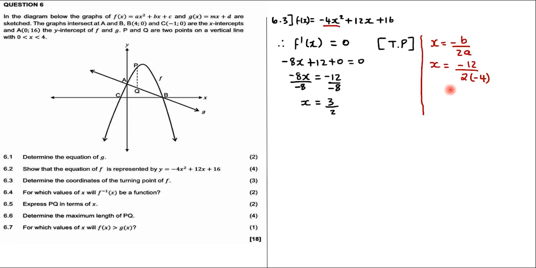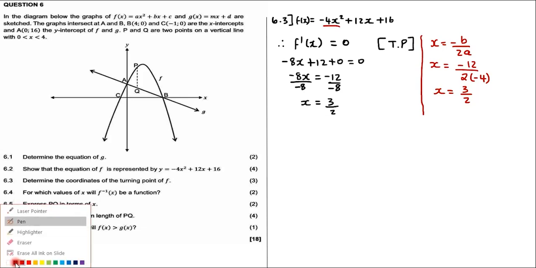When you press this, it should give you 3 over 2 as well. So it doesn't matter which one you choose, it's still the same thing. But you always need to make sure that you practice the derivative one, because this is what you're going to be using when you're also applying it on the cubic function.